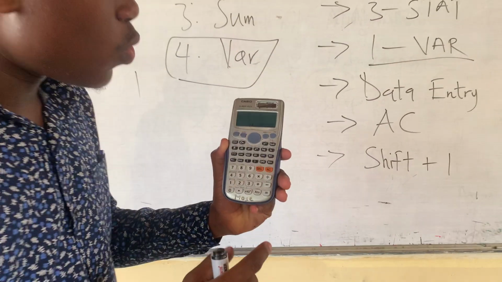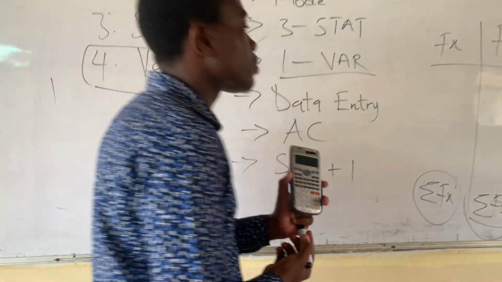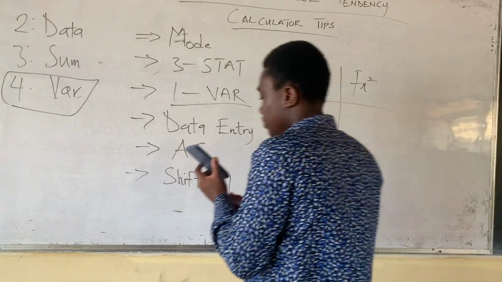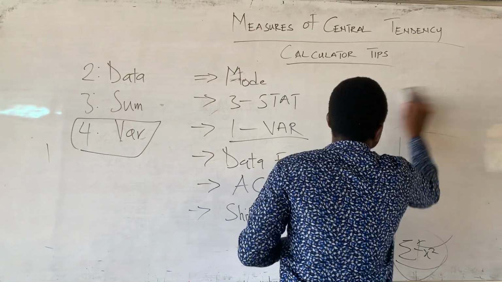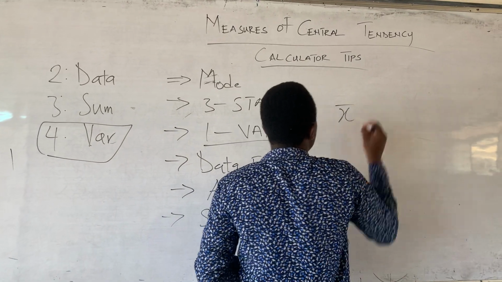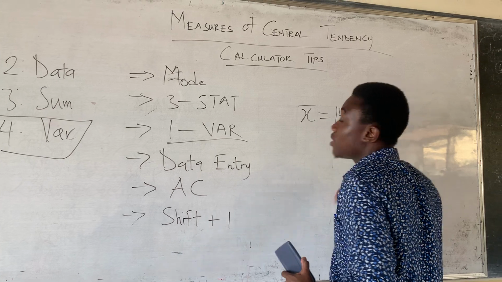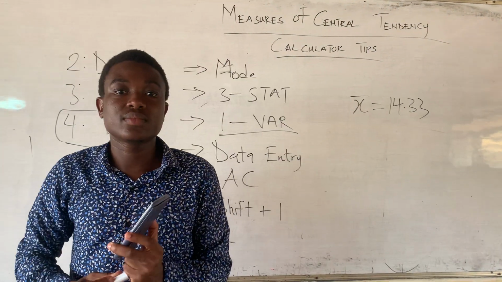So equal to, and that gives us 14.33. So our X bar is 14.33, and that's the value of our mean.